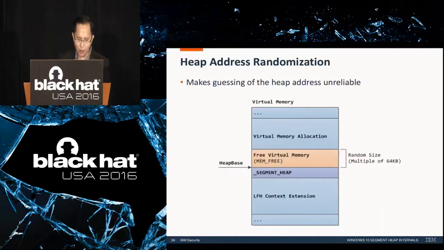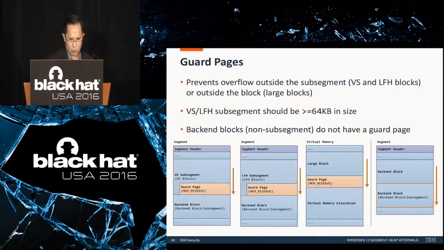Next, to make it unreliable to guess the heap address, a random size free memory is created before the heap base. And this random size is a multiple of 64 KB. Then to prevent overflow from VS blocks here, and from LFH blocks here, from corrupting data outside the subsegments where they are located, guard pages are added at the end of VS subsegments here and the LFH subsegment.